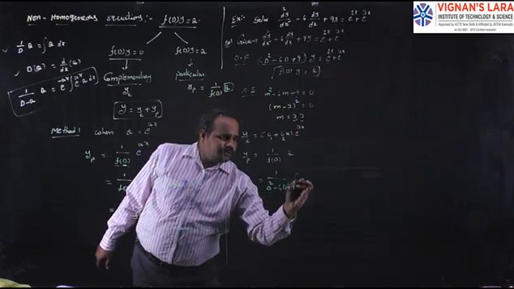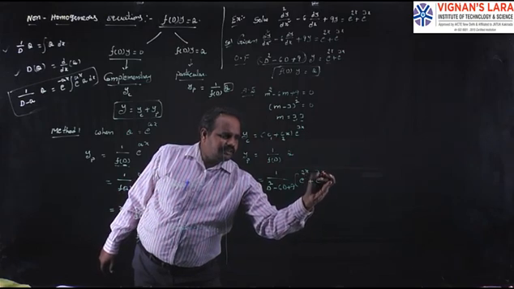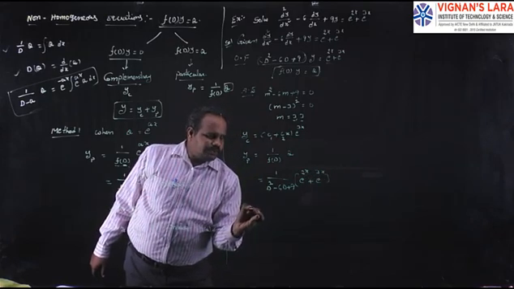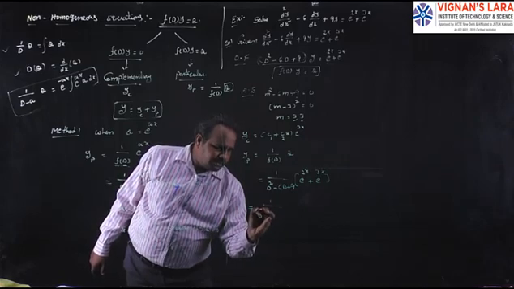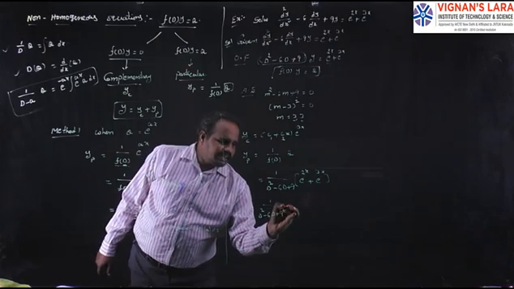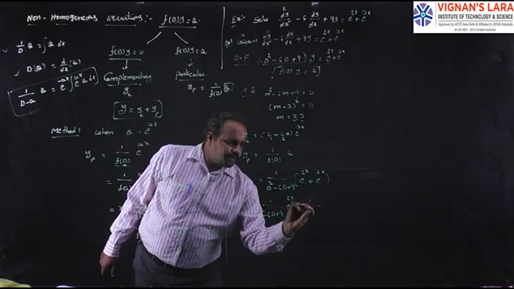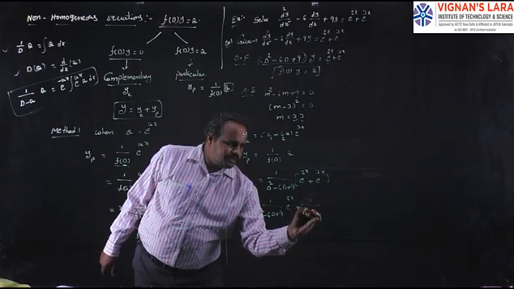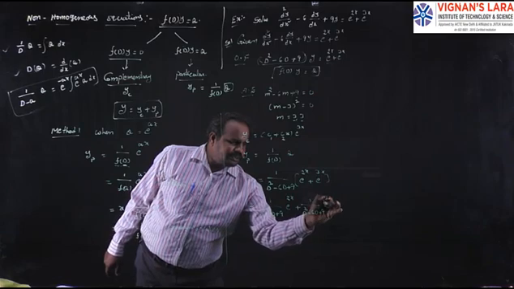e power 2x plus e power 3x. Multiplying inside, this is 1 by d square minus 6d plus 9 into e power 2x plus 1 by d square minus 6d plus 9 into e power 3x.